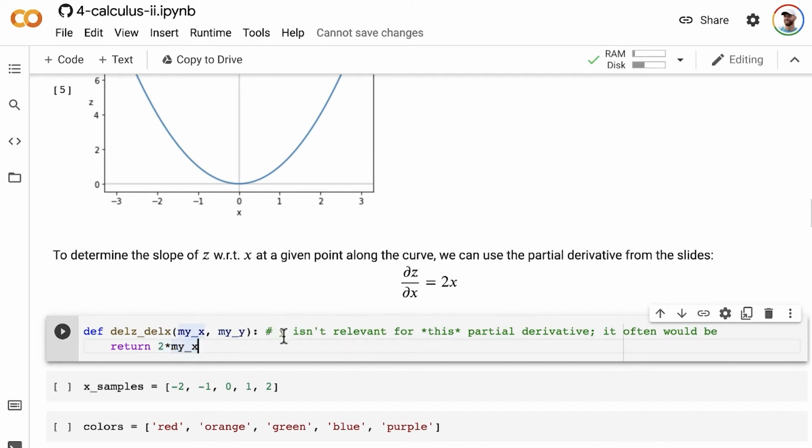Now, one thing to note here is that I do pass in y, which does seem kind of pointless because we're not using y in the function. But I did that to remind myself and to remind you that this isn't always going to be the case. While y isn't relevant for this particular partial derivative, it often would be.